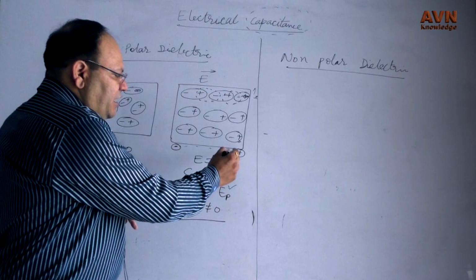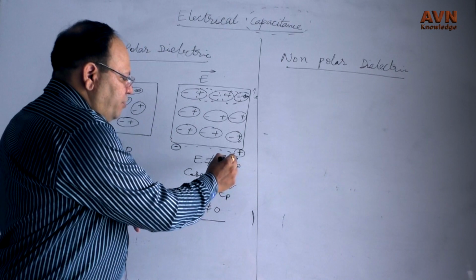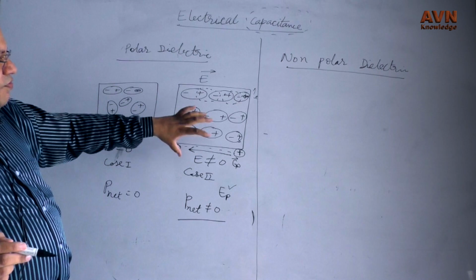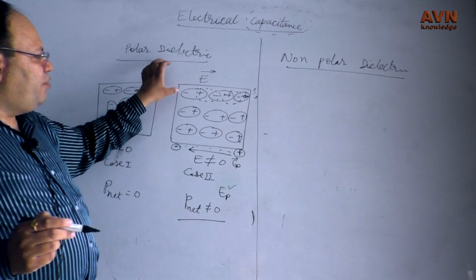The electric field direction is positive to negative, so EP direction is also positive to negative. So this induced electric field will oppose the applied electric field in the polar dielectric.